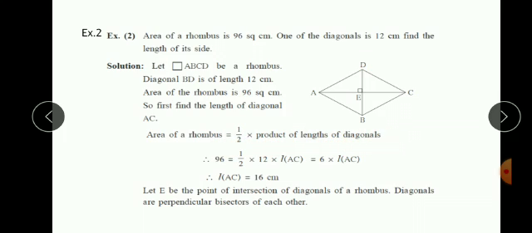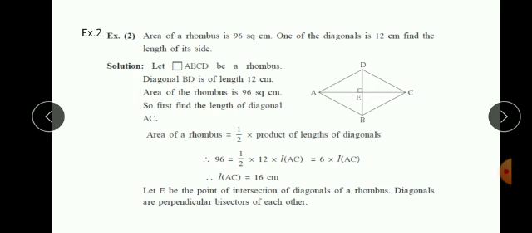This we know. So substituting the value, area is given as 96. It is equal to half into, now one diagonal is given as 12. So 12 into length AC we will write. This half into 12 means 6. So 6 into length AC. So what will be length AC then? Length AC is equal to what?